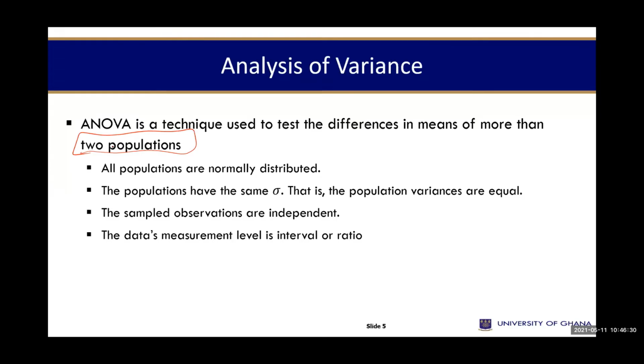Once that is established, there are some assumptions that we need to bear in mind anytime we want to use the analysis of variance, because you can't just pick any statistical tool. You should first identify whether it qualifies for the data that you have. Often I have students coming in, they've collected data and they don't know which of the tools to use to analyze the data.